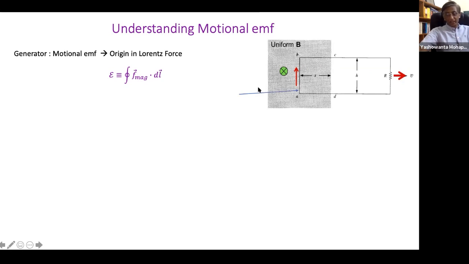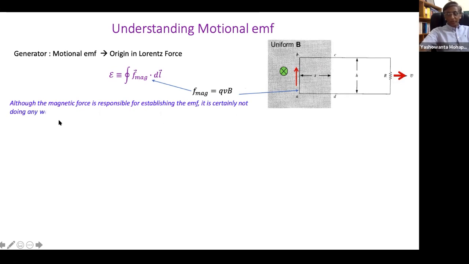Let's understand this. What is the magnetic force? There is of course QvB on this arm, and that is the magnetic force. Now, although the magnetic force is responsible for establishing the EMF, it is certainly not doing any work, because magnetic fields never do any work.